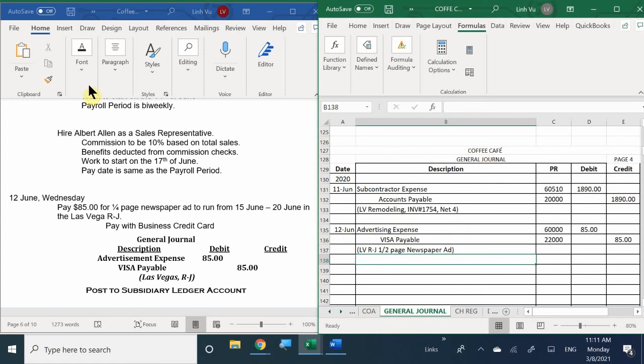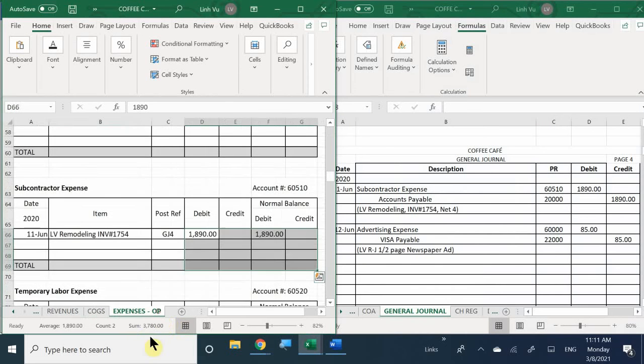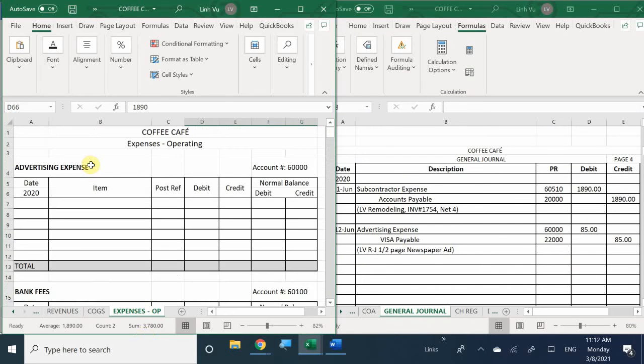So let's go ahead and take a look at our ledger. Advertising expense is going to be an operating expense, right? Should be the very first thing that you see. Boom, advertising expense. So this is for the 12th of June. I'm going to place half page newspaper ad.